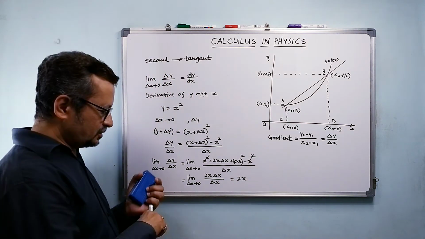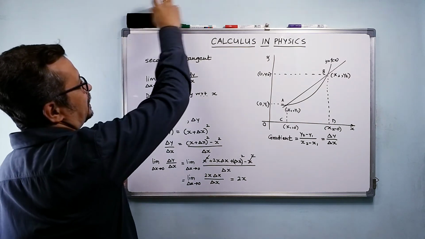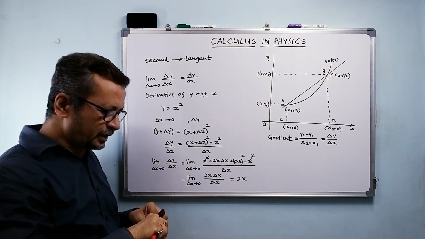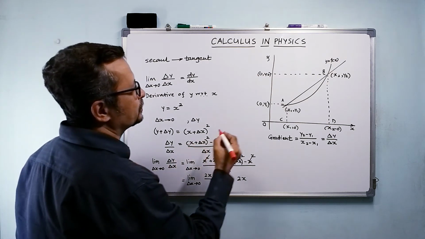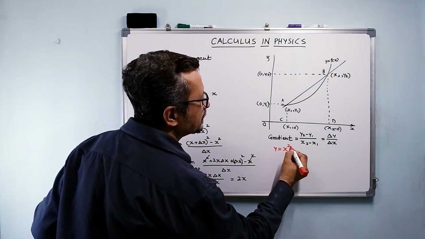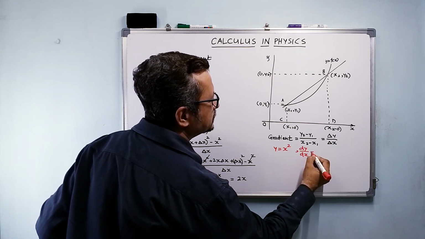Correct? Now I am going to write here. I am using a different color because I don't want to rub this out at this point of time, so maybe you can just look over here. So y is equal to x square, dy by dx is equal to 2x.